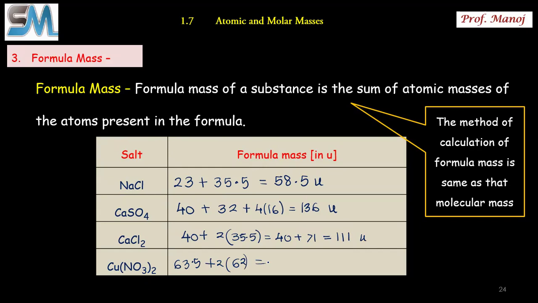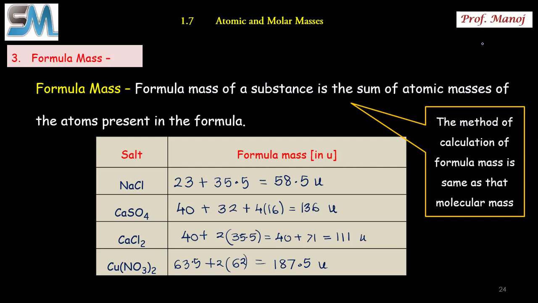So it's 62 into 2, 124, plus 63.5, that comes out to be 187.5 U. This is the way we calculate formula mass. Nothing different. Just instead of molecular mass, call it formula mass. Very simple, very similar concept.